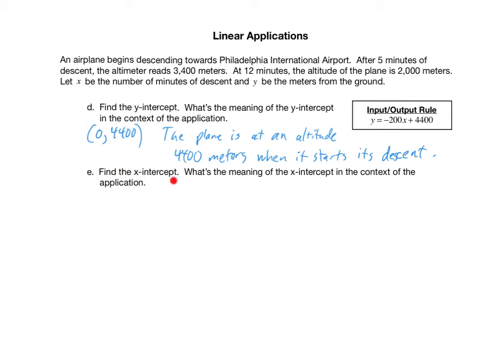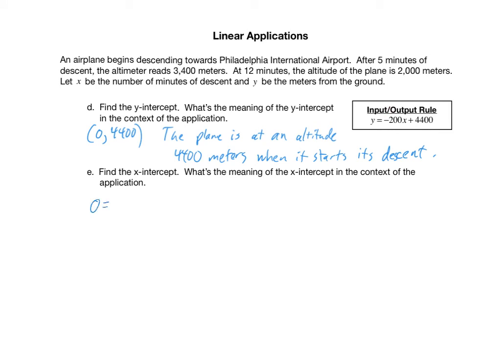Let's now find the x-intercept. And again, we also want to say what the meaning is of that point. The x-intercept is not conveniently placed right in the y equals mx plus b form. We actually have to work for that. So we know an x-intercept has a y-coordinate of 0 because it's the point where the line crosses the x-axis. So we're going to take our equation and plug in 0 for y.